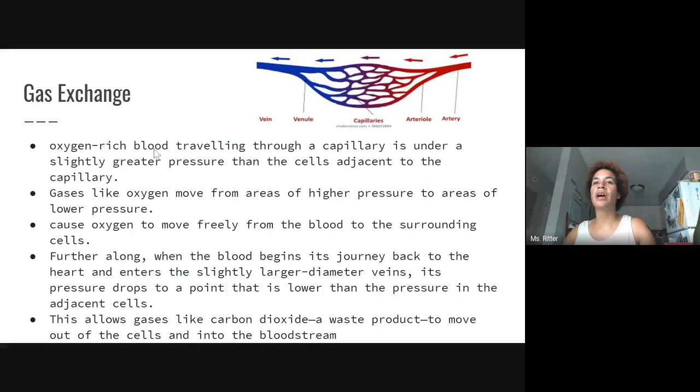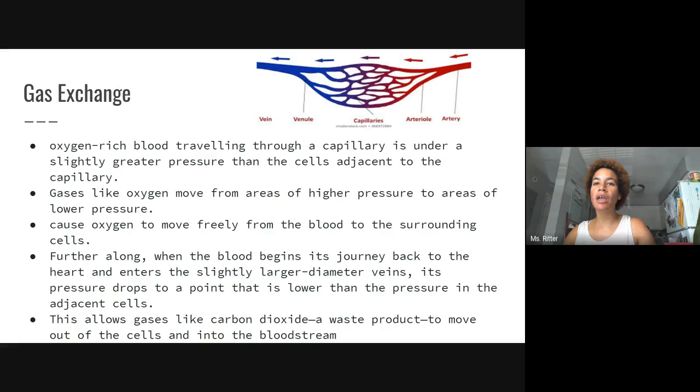And so again, the oxygen-rich blood is traveling through the capillaries under a slightly greater pressure than the cells adjacent. So it wants to move out of these capillaries into the cells nearby. So it's moving from these arteries through these capillaries out into the cells, and it's reached a lower pressure. And so it really likes that. And that's what keeps equilibrium and keeps your body happy.